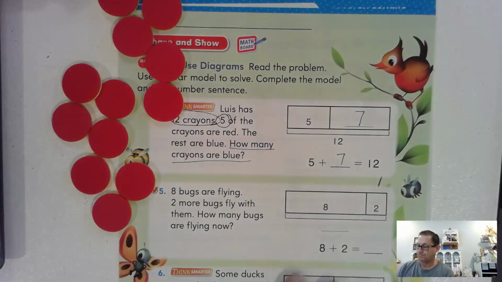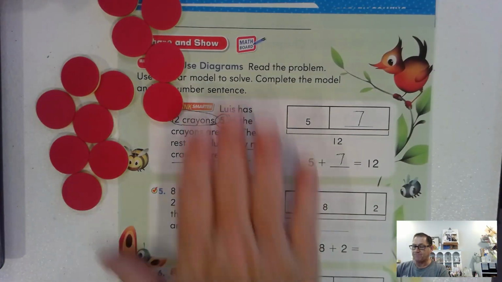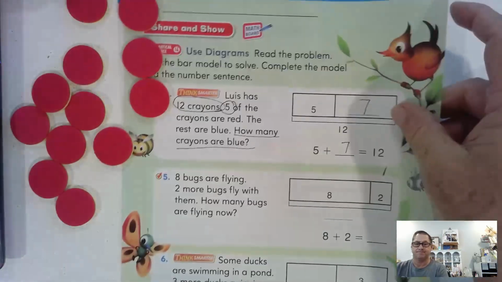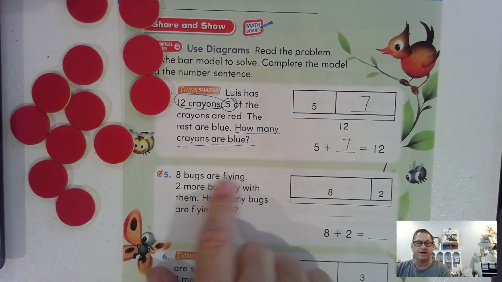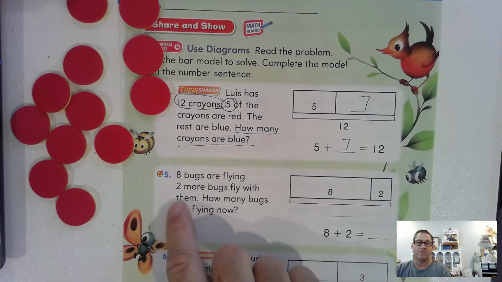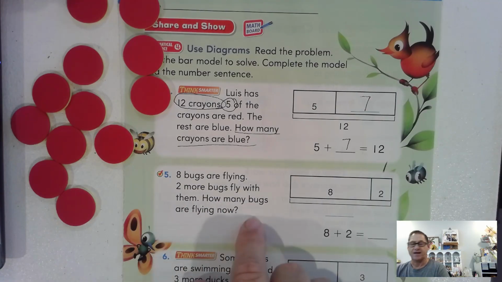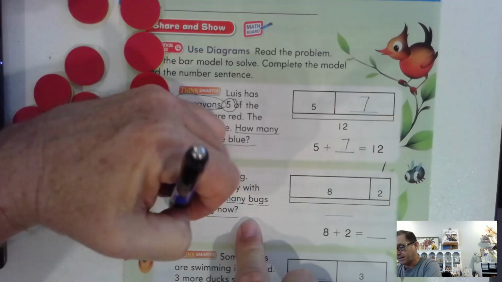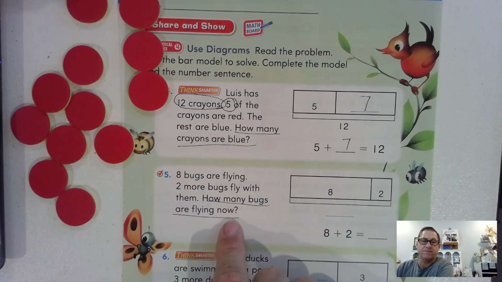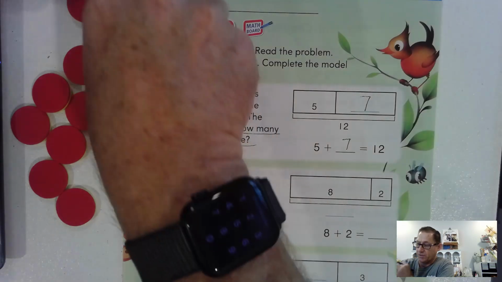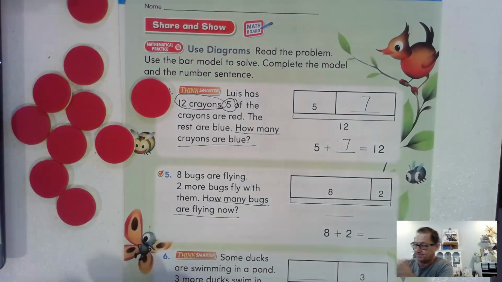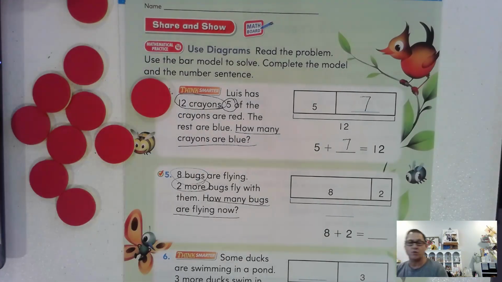Okay. All right, 8 bugs are flying. 2 more bugs fly with them. How many bugs are flying now? All right, so I have to figure out how many bugs are flying now. Well, we started with 8, right? 8 bugs. 2 more join.